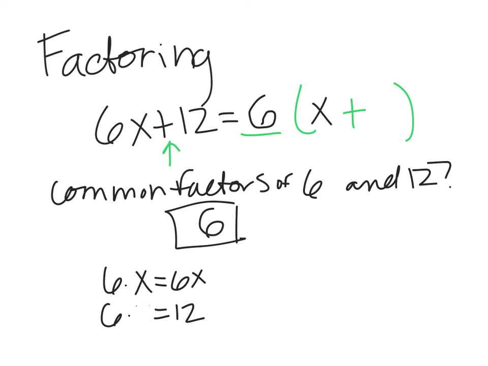Well, 6 times 2 would give me 12. So now I can see that my factored form of 6x plus 12 is 6 times the quantity x plus 2.